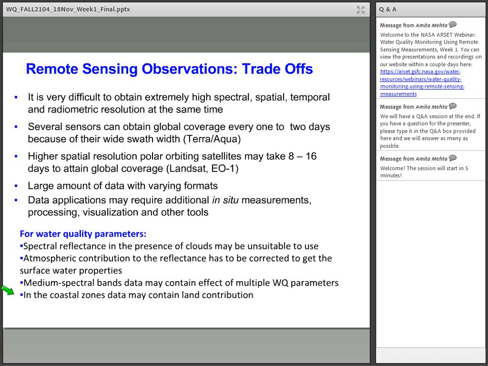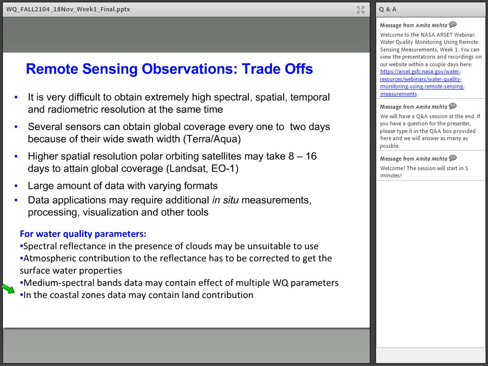In coastal regions, depending on the spatial resolution, in any pixel or footprint there can be a contribution from land along with the ocean. So that has to be accounted for when water quality parameters are derived. So these are some of the things to keep in mind if data have to be processed for water quality parameters.